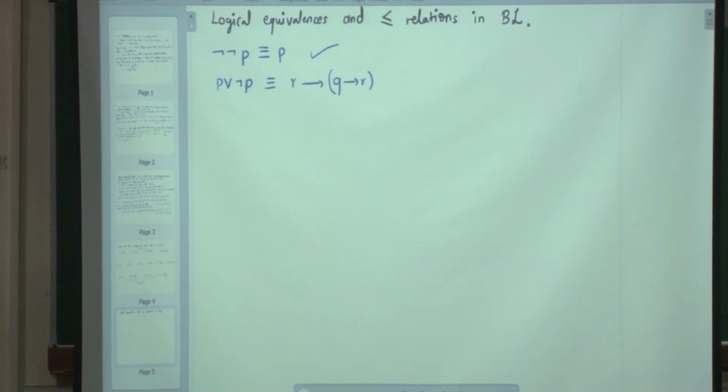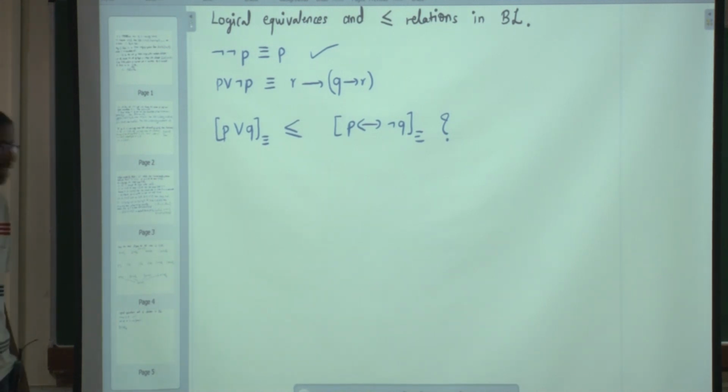Now we can ask similar questions. For example, if I write down some other formula, let's say P disjunction Q, and then I ask whether this equivalence class is less equal the class for P if and only if negation Q. If I ask this, how will you solve this problem?